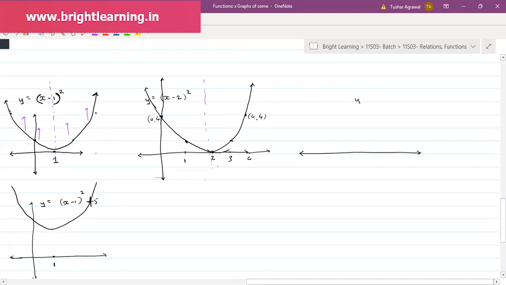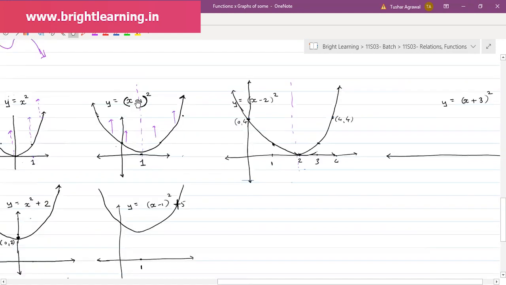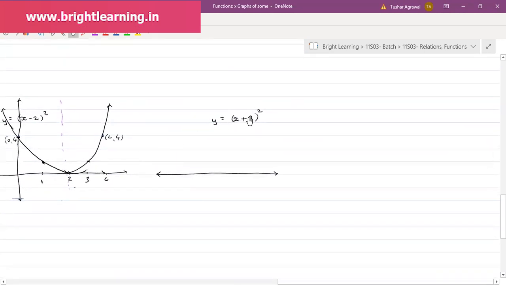What will be the graph of y equals (x plus 3) whole square? X square you have seen, (x minus 1) square you have seen, (x minus 2) whole square you have seen. What will be the graph of x plus 3? Nothing major different, exactly the same, just the bottom of that hill.